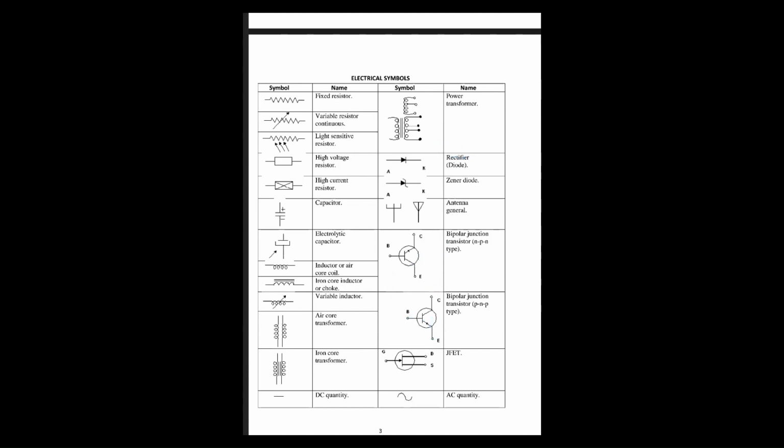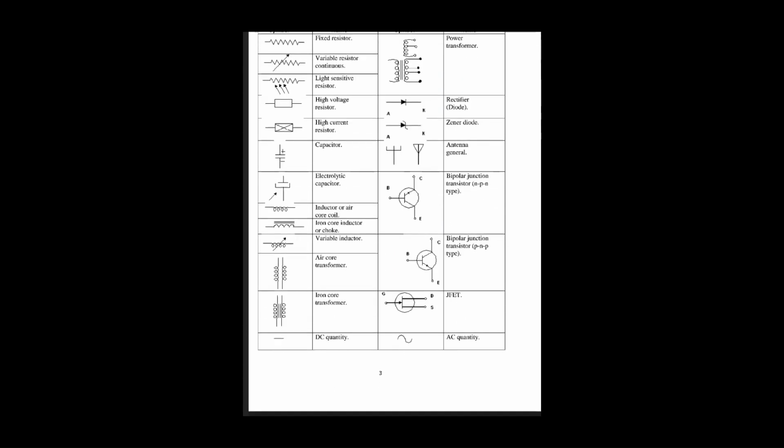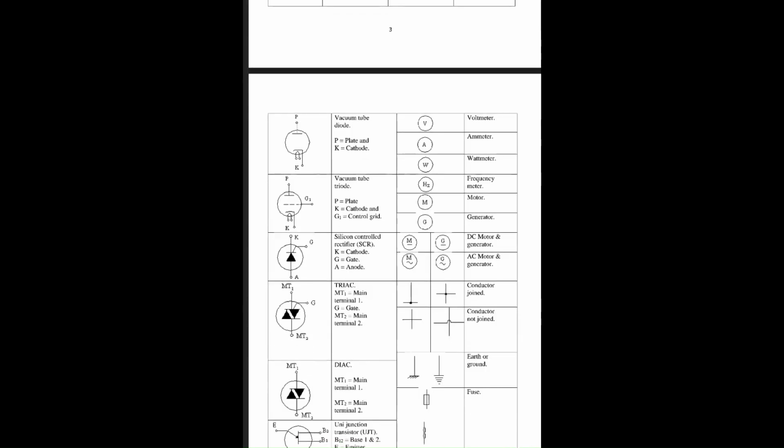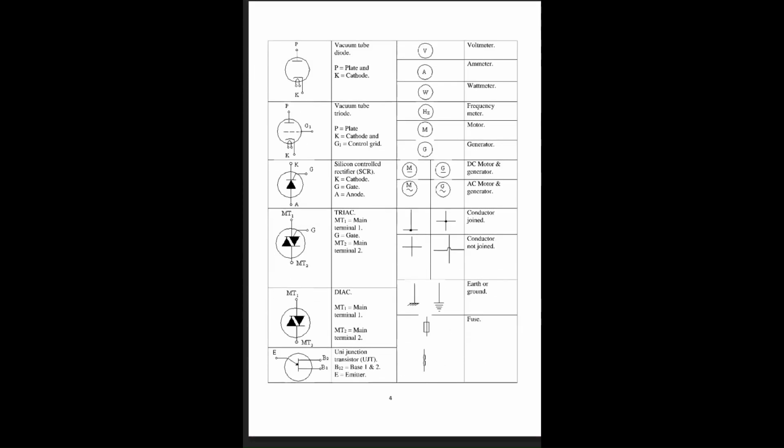The antenna symbol is simple, and JFET is the junction field effect transistor. These are the drain, source and gate terminals. AC quantity you know. In earlier days, vacuum tube diodes were used, and the terminals were plate, cathode, and control grid.